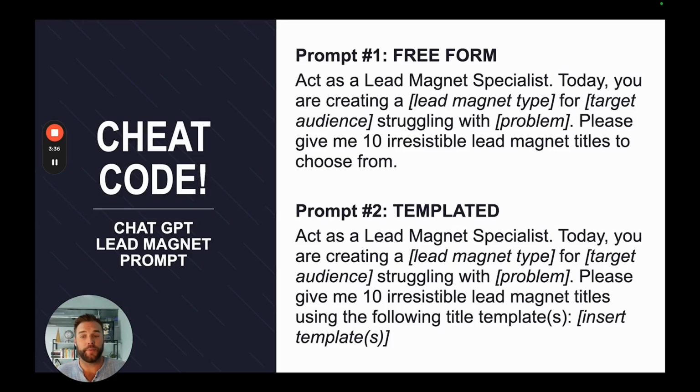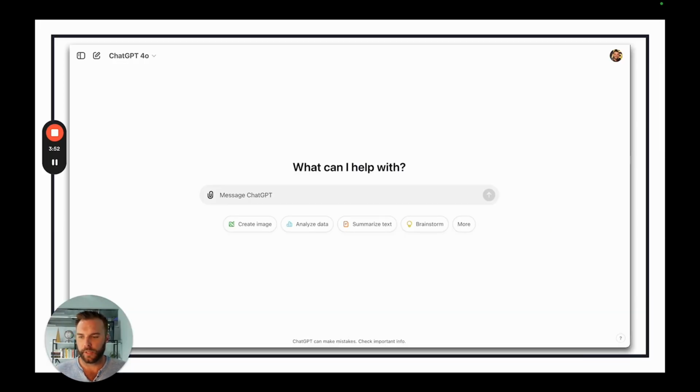Now, you could give it up to 10 different templates. I recommend giving it 3 to 4, and I'm going to show you an example, but you could give it up to 10 different templates so that it's giving you one answer for each template. So those are some ways to get this done really, really quickly and how we automate with ChatGPT. So let me go ahead and pop over there, and I'm going to show you how this is all done.